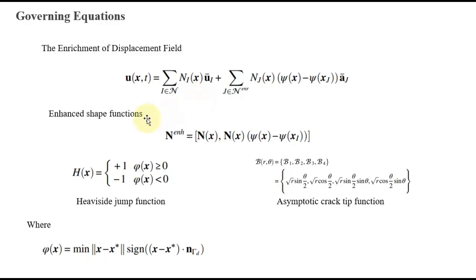The enhanced shape function can be divided into standard and enriched parts. The choice of enrichment function psi(x) depends on the position of the discontinuity in the domain. Generally, there are two types of enrichment function used for the cracked body problem: the Heaviside jump function and the asymptotic crack tip function.